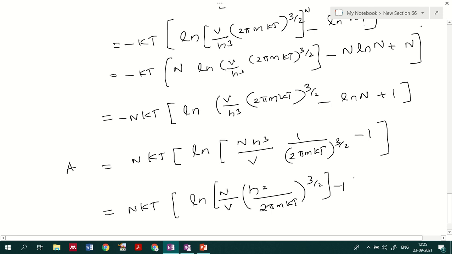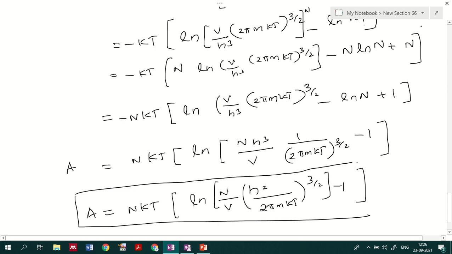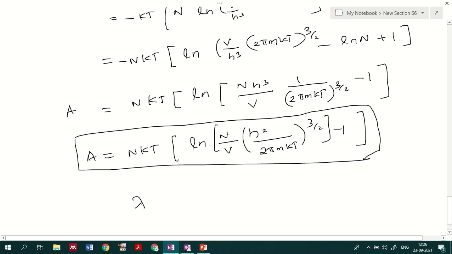So this will be our Helmholtz energy representation corresponding to this case: A equal to NkT ln n by V. Now if I reduce this representation by introducing lambda equal to (h squared by 2 pi m kT) raised to 1 by 2, this is our mean thermal wavelength.